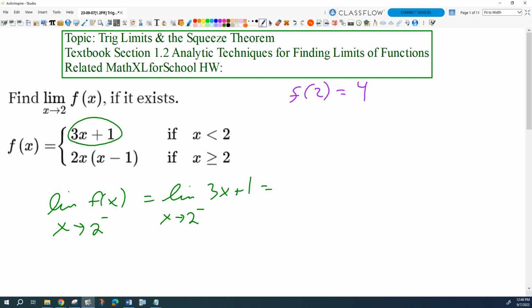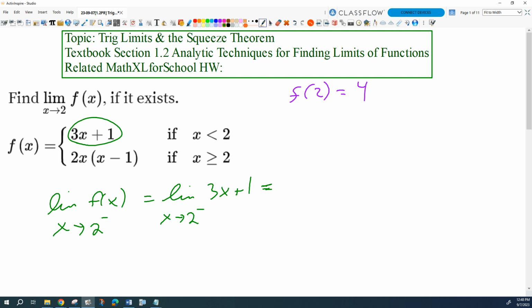What's that equal to? What's causing you trouble here? The negative sign? It's 7, the answer.